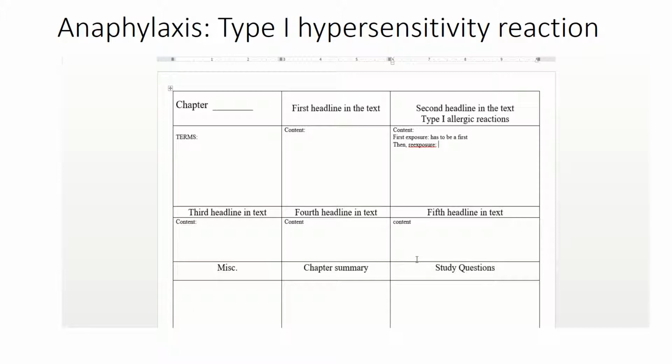Within minutes, there's loss of consciousness. Before we could get him to the hospital, he had stopped breathing. And this is just a typical anaphylactic reaction. That's the patho behind it.